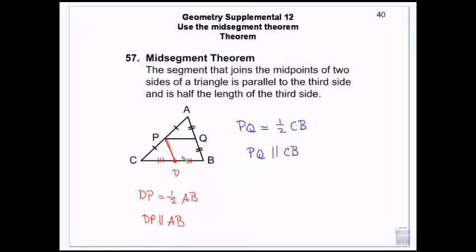And then you get another one between D and Q. So every triangle, there are going to be 3 midsegments. And each one will be half of that third side. So DP would be half of AB, DQ would be half of AC. Does that make sense? Okay.